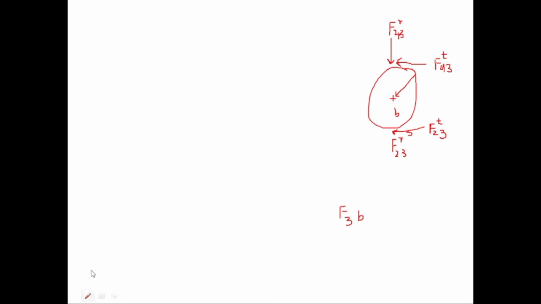Now we are going to find out F3B, means force of gear 3 on B. So let's draw the free body diagram of gear 3. This is the shaft B, and this is how gear will exert force on the shaft B. Now let's draw its rectangular components, which are F23T, F23R, F43T, F43R. Since it is an idler gear, the radial components would almost be negligible, and we are left with tangential components. There would be reaction to these two forces at the shaft.